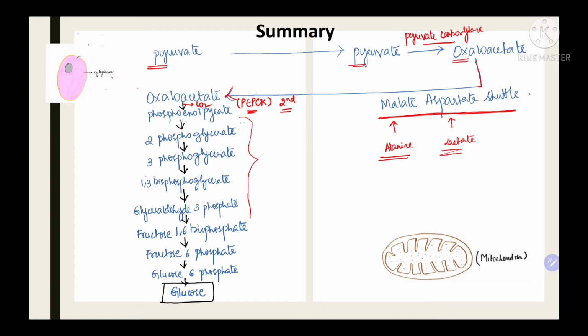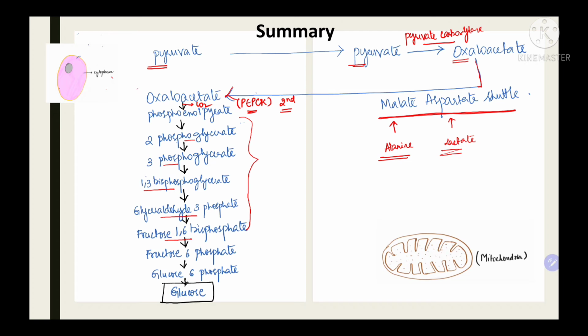Phosphoenol pyruvate gets converted into 2-phosphoglycerate, 2-phosphoglycerate converts to 3-phosphoglycerate, which gets converted into 1,3-bisphosphoglycerate, which again gets converted into glyceraldehyde 3-phosphate, and which gets converted into fructose 1,6-bisphosphate. The enzymes are the same as in glycolysis.